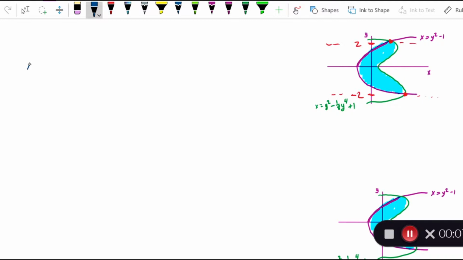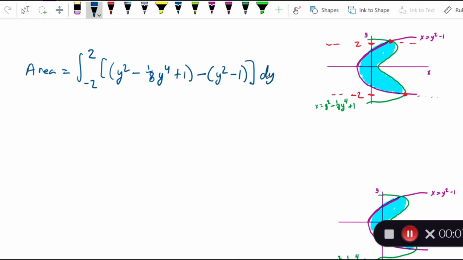So we're going to write the area is equal to the integral. Remember, I go from a low y value of -2 up to a high y value of +2, and then I integrate right minus left. The right curve is y squared minus 1/8 y to the fourth plus 1, and the left curve is y squared minus 1, and I integrate that in the y direction.